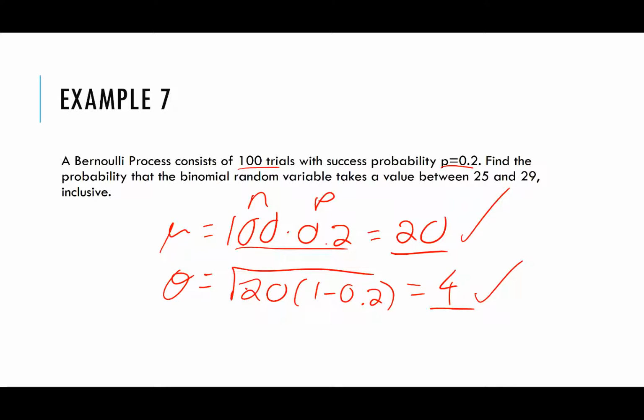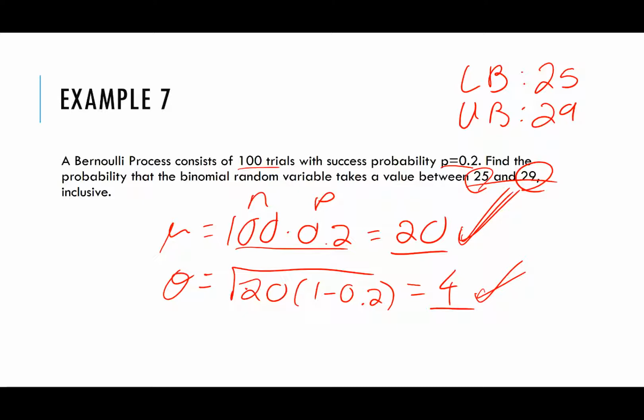If we want to find the probability that I'm successful somewhere between 25 and 29 times, there's your lower and upper bound. In the calculator, all you have to do is type in your lower bound, your upper bound, the mean and the standard deviation, and it'll tell you the probability. This gives you a little more work to do because it doesn't tell you the mean right away. You just have to know that the mean is calculated like this and the standard deviation like that, and you're good.